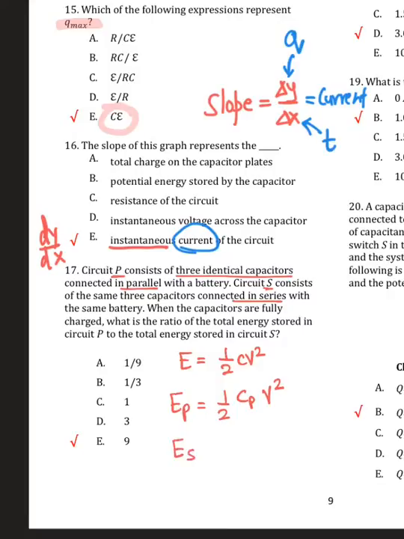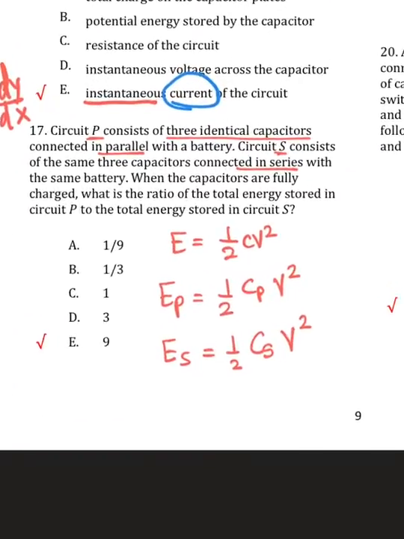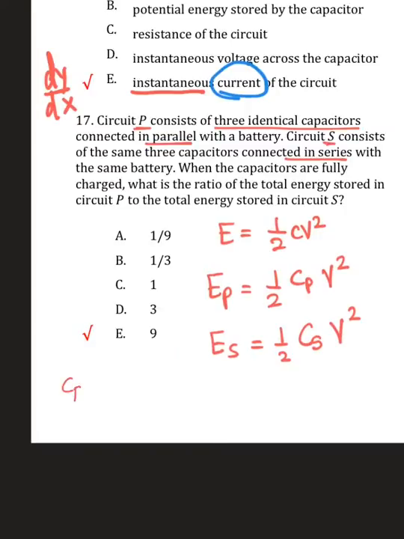ES will have the same formula, half, but this will become CS, and because it's connected across the same battery, it will be V square. So let's check quickly what is CP. For parallel capacitors, the formula is C1 plus C2 plus C3, because there are 3 identical, so it will be 3C, and CS will be C over 3.